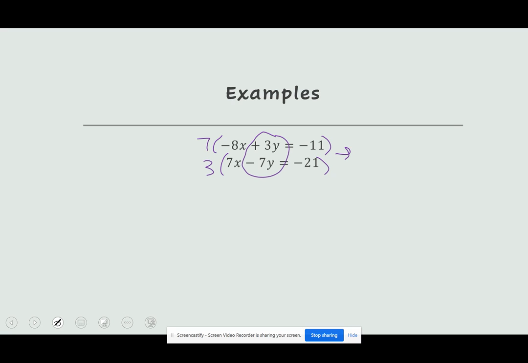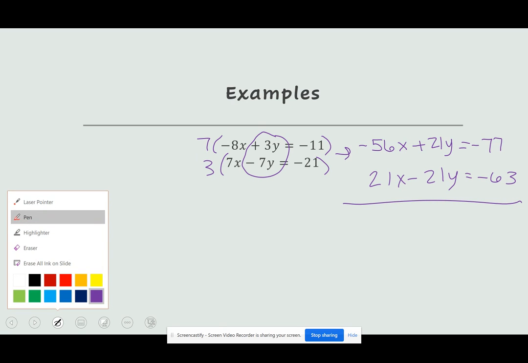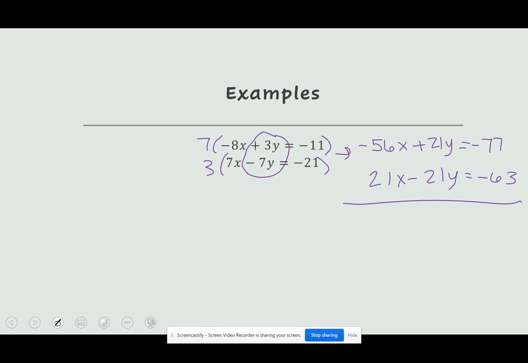So we do 7 times negative 8x is negative 56x plus 21y equals negative 77. And our bottom one becomes 21x minus 21y equals negative 63. So we're going to add straight down.